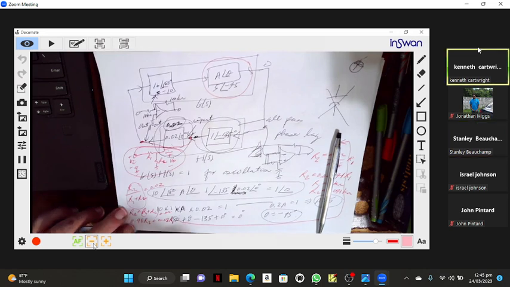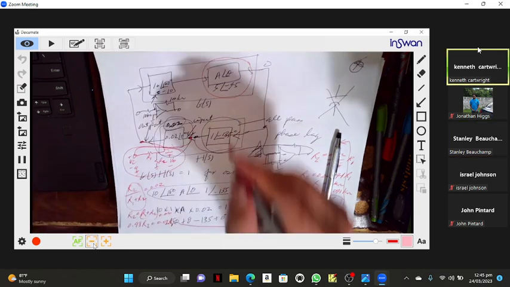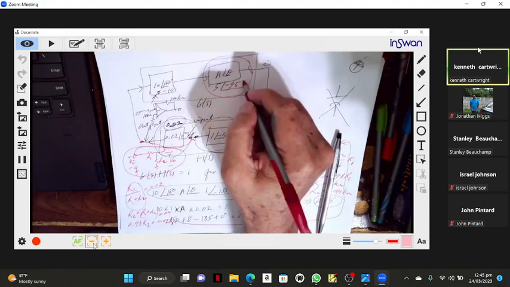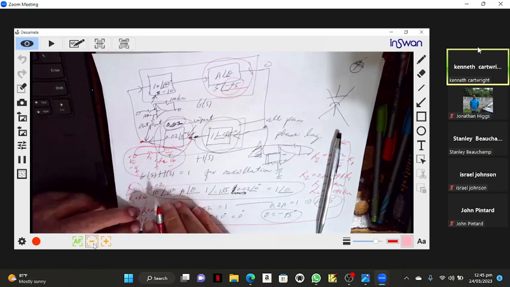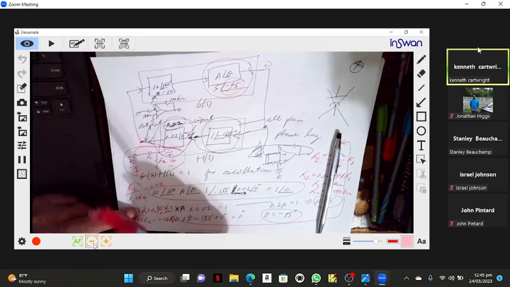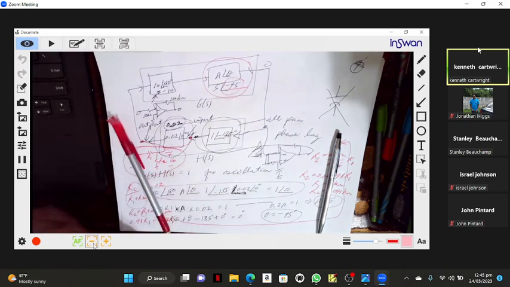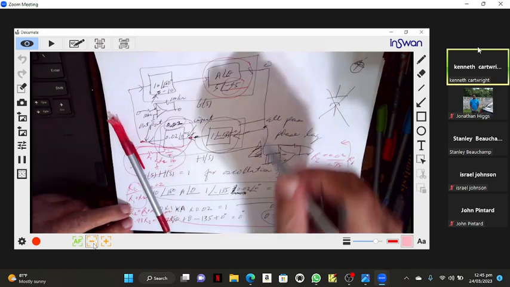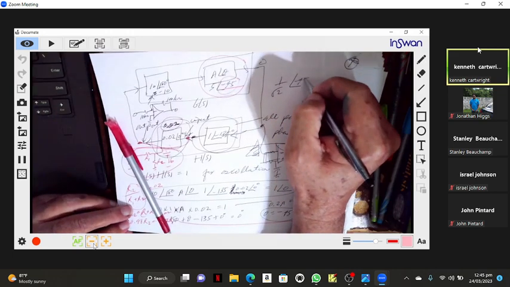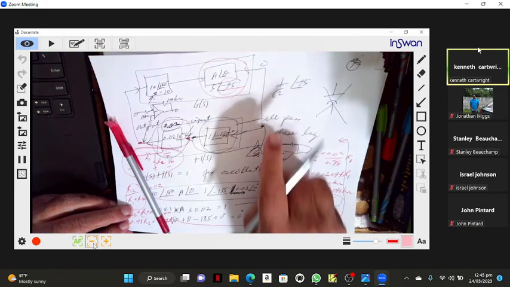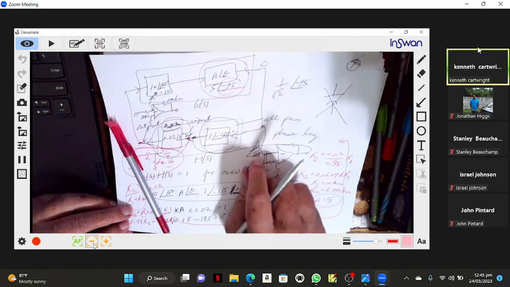Well, if I use a low pass filter for this, what gain is a first order low pass filter going to give me? It's going to give me a gain of 1 over root 2 at negative 45. It's not going to give me a gain of 1 at negative 45.